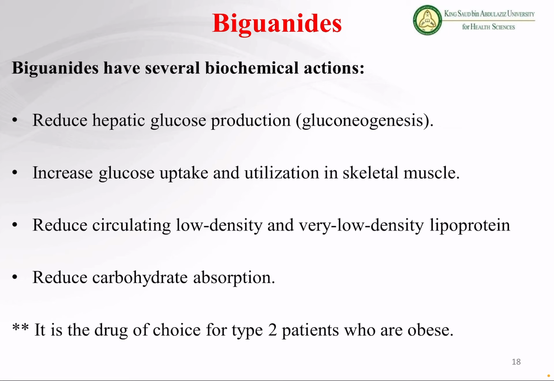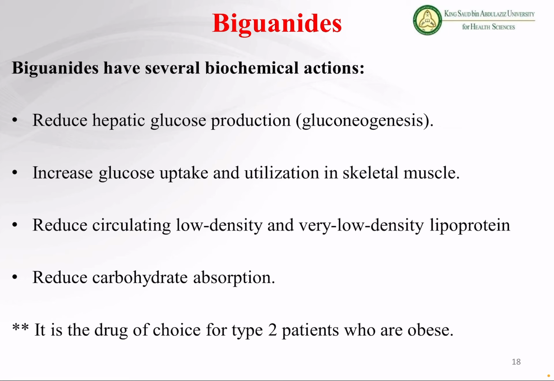So we prefer biguanides or metformin in those diabetic individuals who are obese. Apart from that, it is also used for patients who are not diabetic but obese. Because obesity is one of the risk factors for diabetes, we use this drug to reduce the body weight.